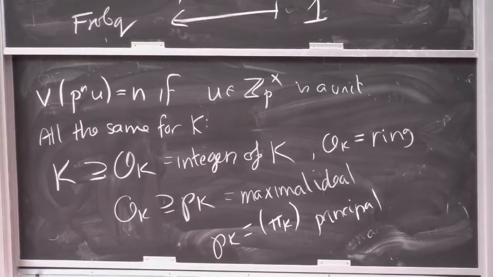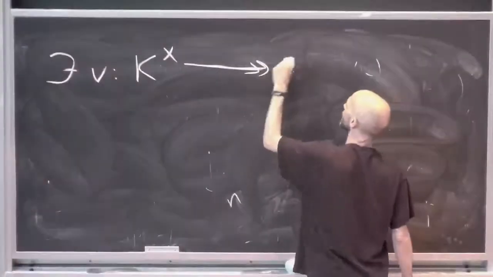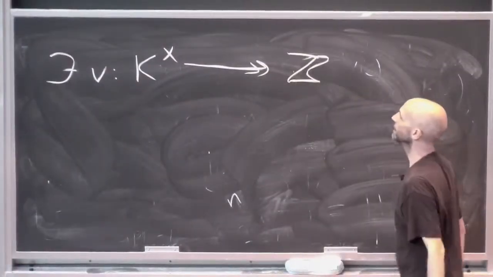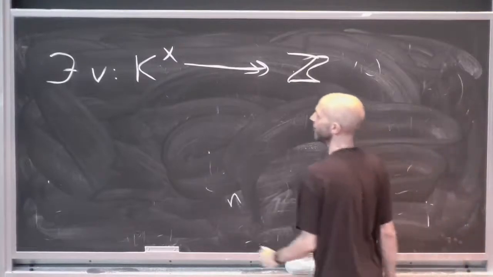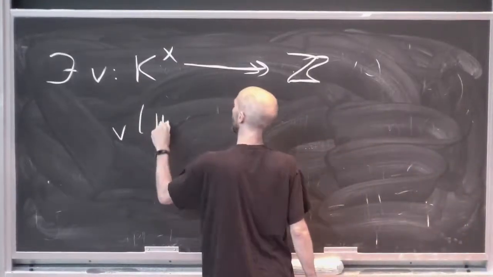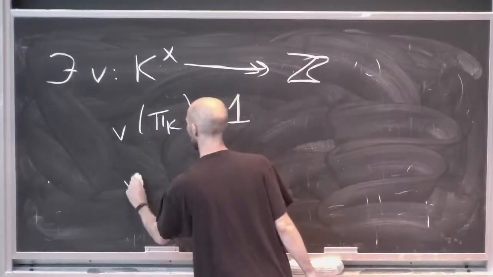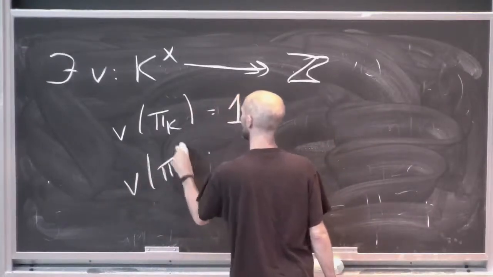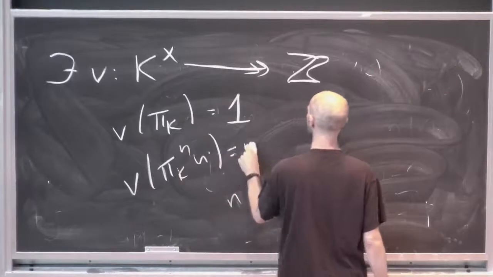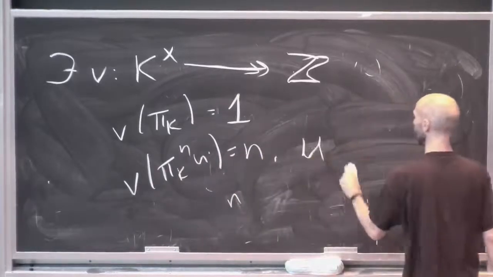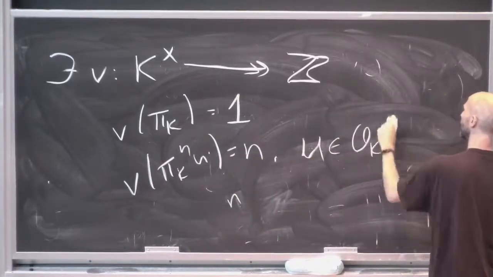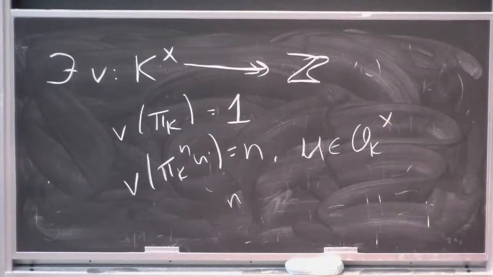So there's a valuation from k star surjecting onto Z. I'll normalize it in this way: the valuation of pi k is going to be 1. The valuation of pi k to the power n times a unit u is going to be n, if u is in OK star. That's just the units in k. So there's some valuation.